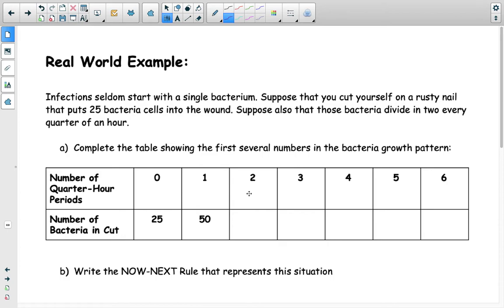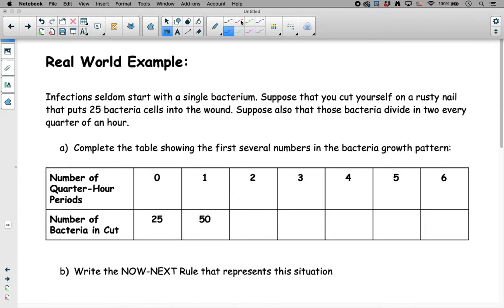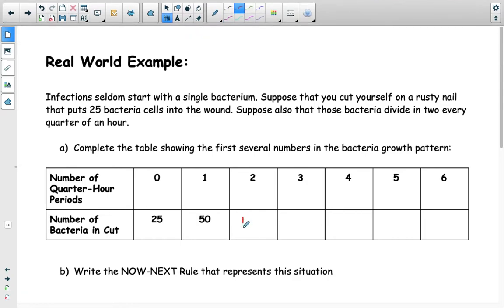At the next quarter hour, which will be another 15 minutes, these 50 will split in half, so we'll have another 50 more. So we'll end up having 100 bacteria in the cut.